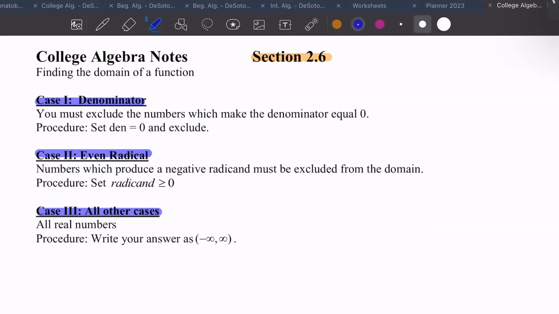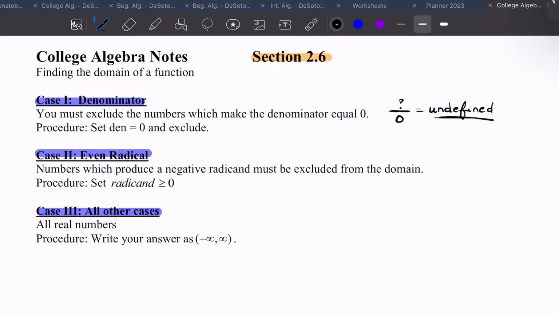Case one is your denominator. Say I give you a function and it has an x in the denominator or something like that. You must exclude the numbers which make the denominator equal to 0. Why would I say that? Because whenever we have anything over 0, we say that that is undefined.